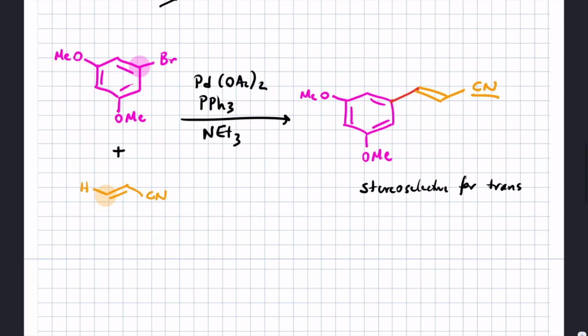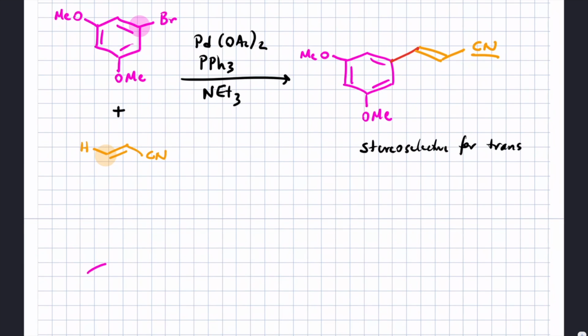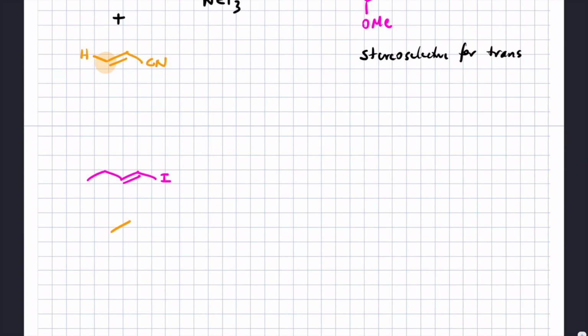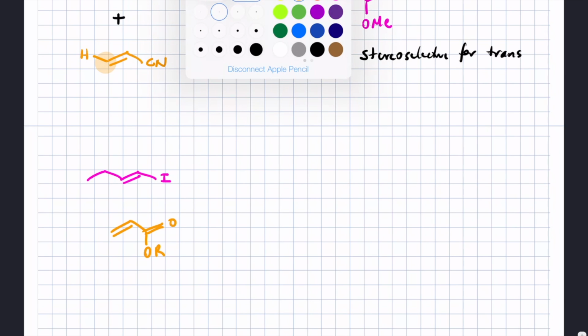One other example might be useful. Here is an aryl iodide, and here is the corresponding olefin reactive partner.